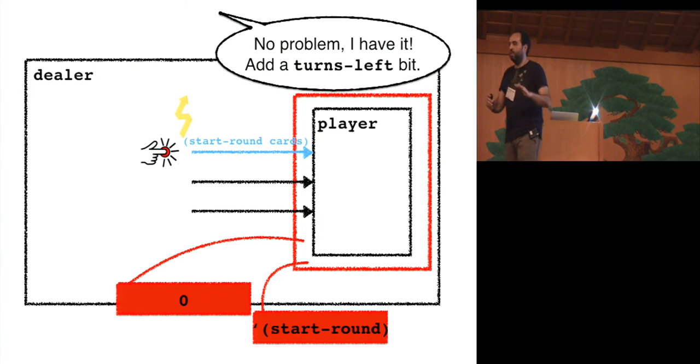All we need to think is that we need a little bit more state inside our proxy. A piece of state, a ref cell, that is going to keep track of how many turns are left per player per round. And also, from the interposition layer, we have access to the arguments of method calls.